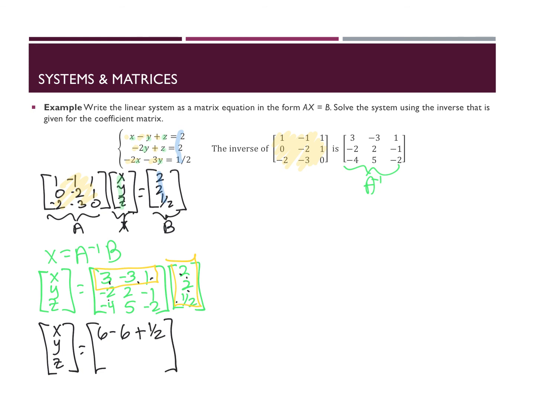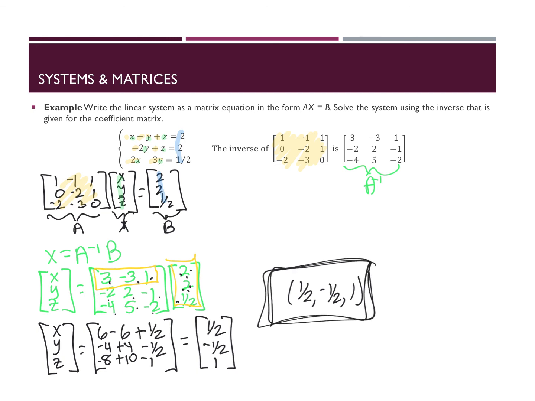We'll have -2 times 2, which is -4, 2 times 2, which is +4, and -1 times 1/2 is -1/2, and -4 times 2, which is -8, sorry, 5 times 2, which is 10, and then -2 times 1/2 is -1. Clean it up, 1/2 for row 1, -1/2 for row 2, and 1 for row 3. Therefore, our solution is 1/2, -1/2, 1.